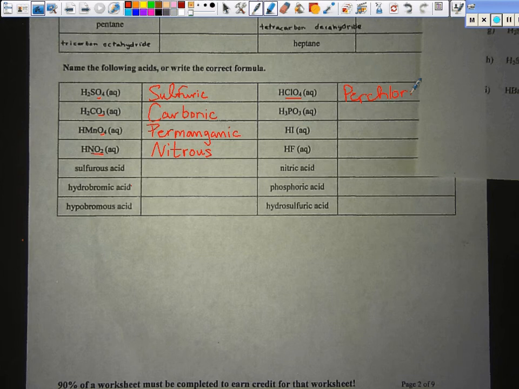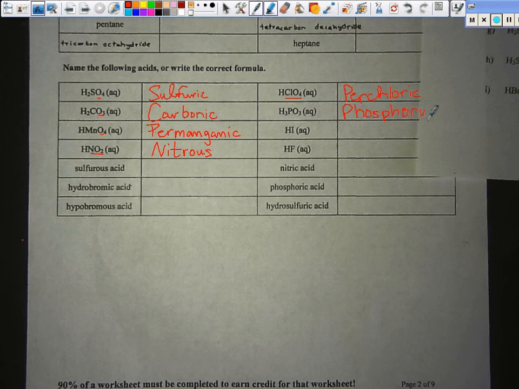H3PO3. Be very careful here. H3PO3. PO3 is phosphite. So ite goes to ous. So it's phosphorous.